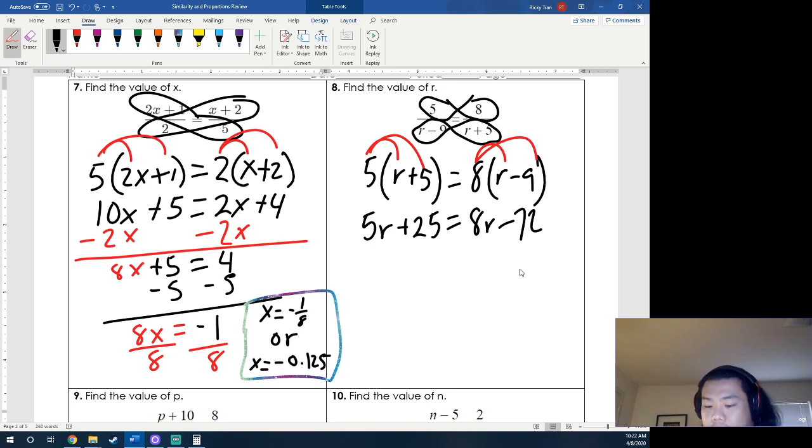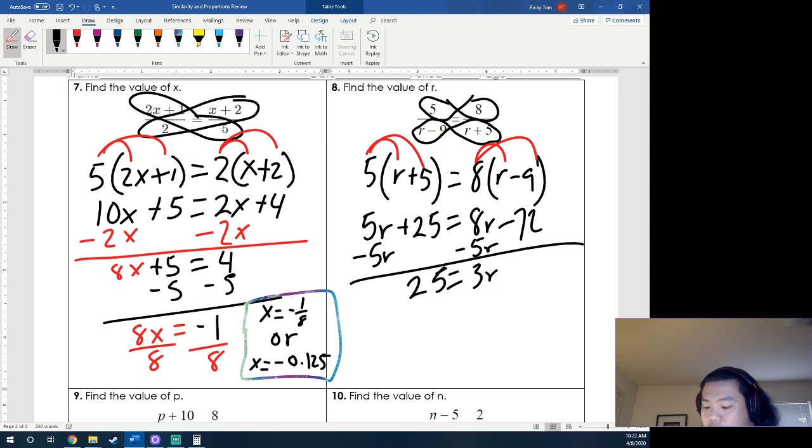Okay, so let's subtract 5r from both sides. So we have 25 is equal to 3r, minus 72, which in this case we're going to add 72, add 72, and then we'll have 97 is equal to 3r.